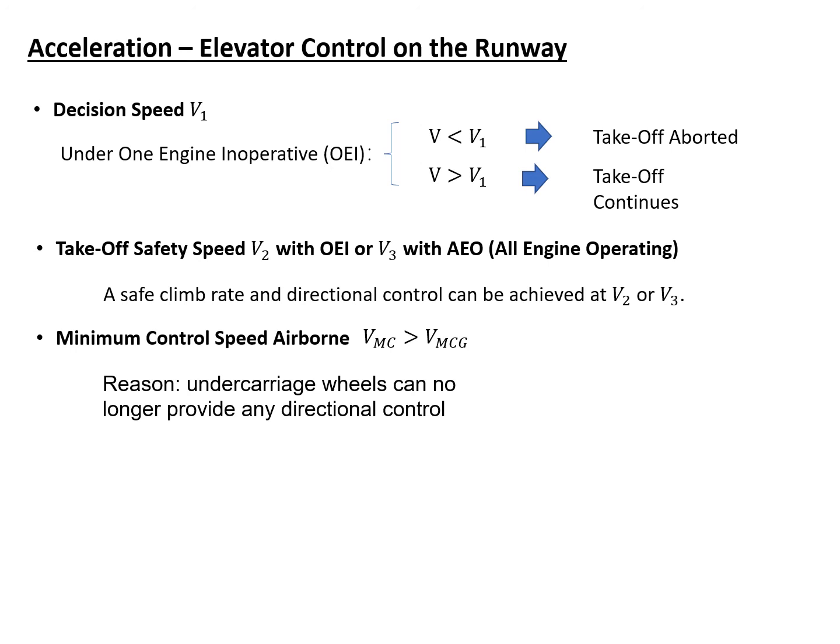And remember, in the slides before we had VMCG, the minimum control speed on the ground. So here we have the minimum control speed airborne, that's VMC. The reason for that is the undercarriage wheels can no longer provide any directional control. So VMC should be larger than VMCG, the minimum control speed on the ground.